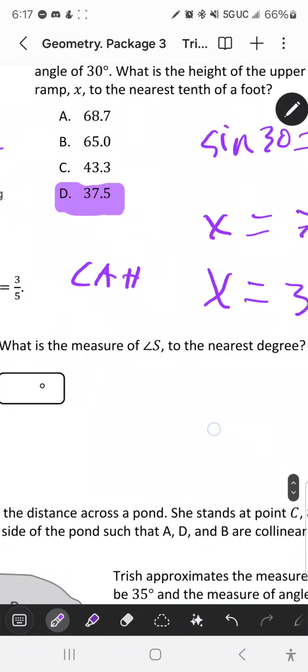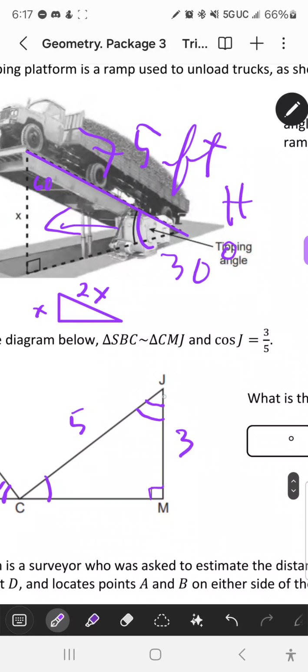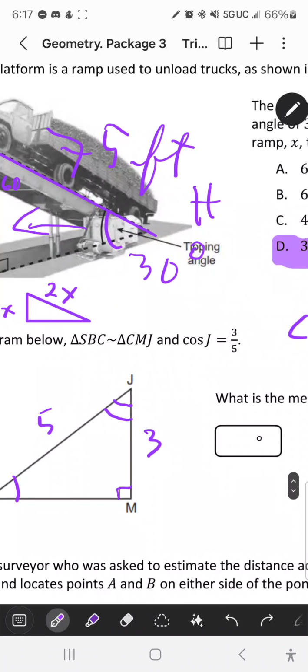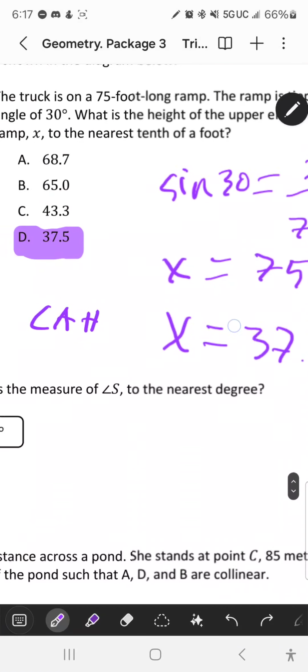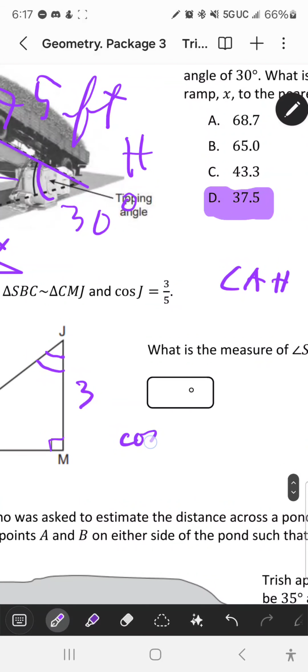Now, what is the measure of S to the nearest degree? We're looking for the measure of S, and S is equivalent to C. So what I would do is calculate the measure of this angle so I can calculate the measure of C, which is the same as S. So I have the cosine, so I can say that the cosine of the angle is 3/5.